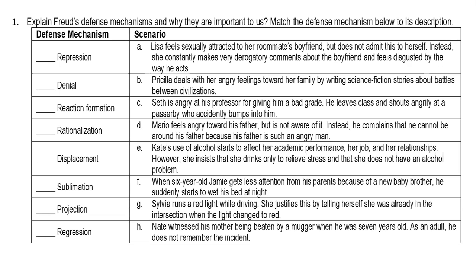Okay, well, let's go through these answers together. Lisa feels sexually attracted to her roommate's boyfriend, but does not admit this to herself. Instead, she constantly makes very derogatory comments about the boyfriend and feels disgusted by the way he acts. Which one of the defense mechanisms is that? You can put it in the chat or unmute yourself and say the answer if you'd like.